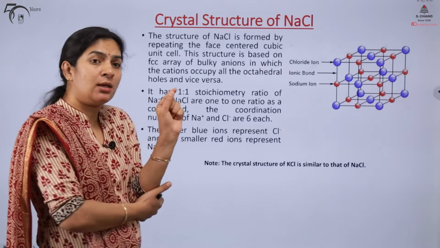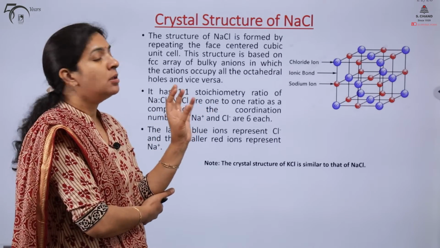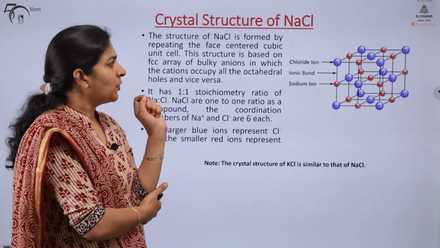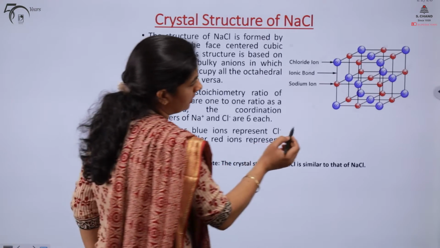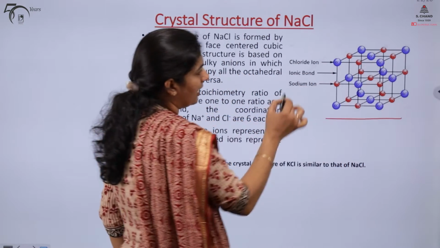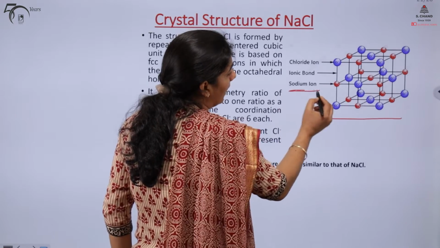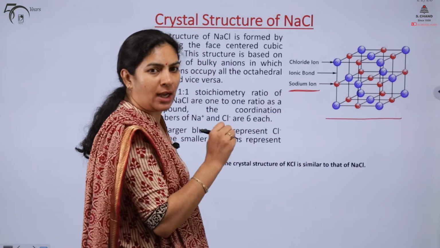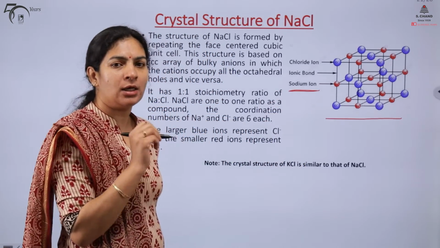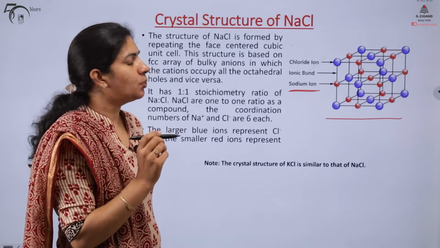What is the arrangement of sodium and chloride ions in a sodium chloride crystal? In this unit cell of sodium chloride, the sodium ions and chloride ions are arranged in FCC, face centered cubic fashion.